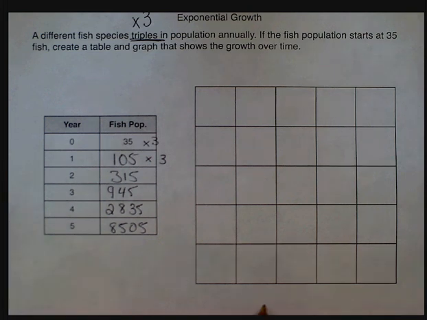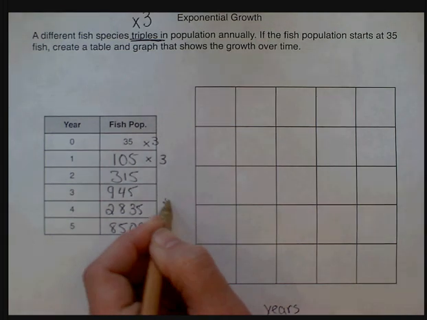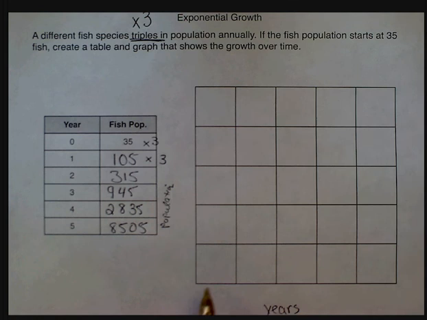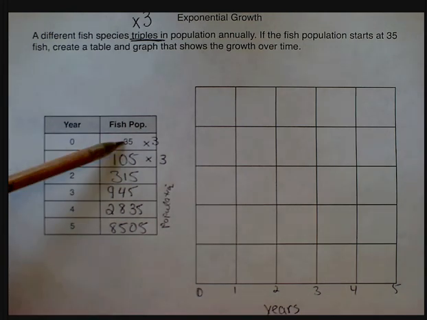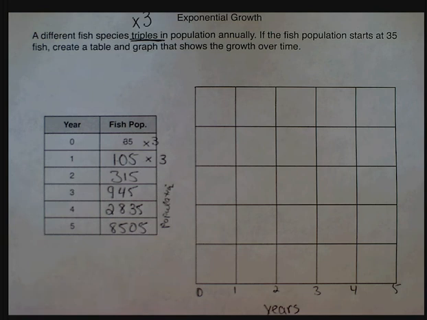Now I need to graph that, so I need to label my x-axis as years, my y-axis as population. My years go up by 1, so 0, 1, 2, 3, 4, 5. Now my fish population doesn't go up by a constant rate of change, so I need to know how much I need to go up by to represent up to 8,505.